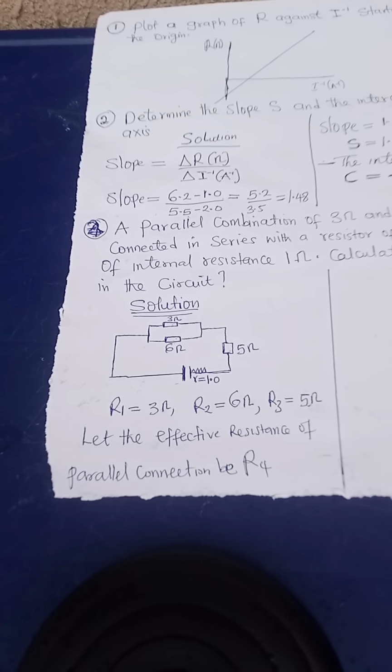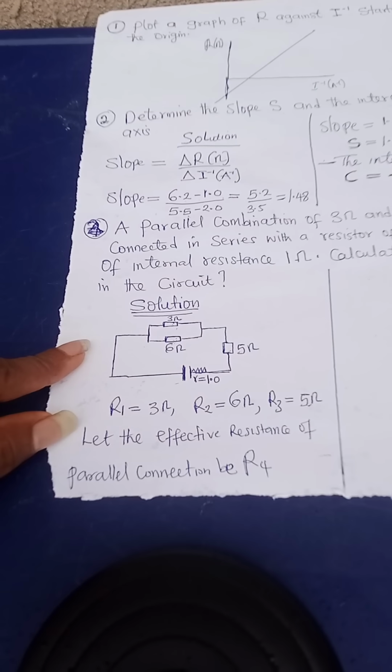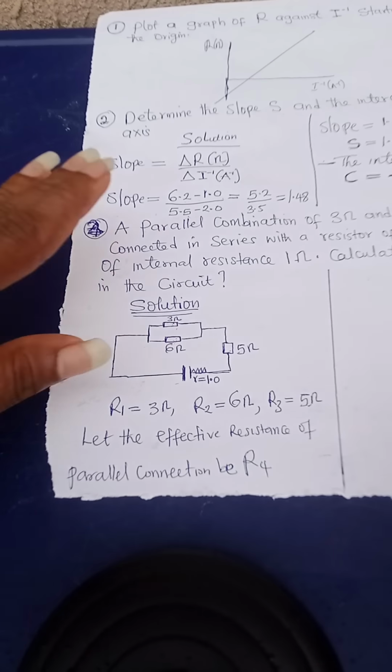So I can say let the effective resistance of parallel connection be R4. So I need to get this R4 by resolving these two resistors that are in parallel, okay? That is what I will do.